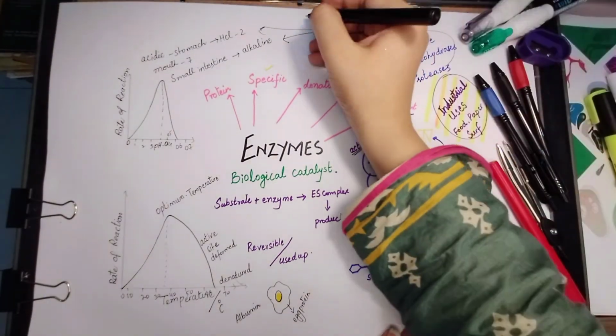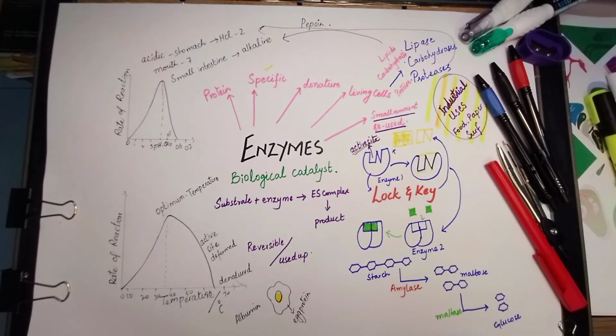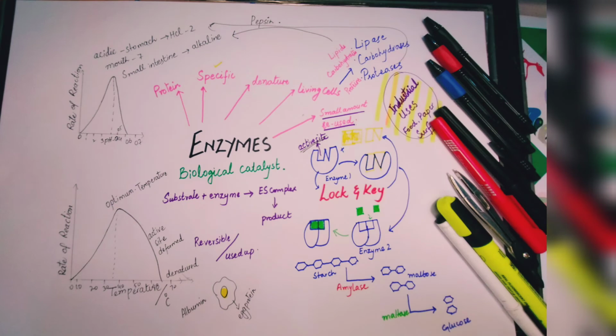So when digestion takes place, the enzymes have to work at different pH at different sites. The stomach is highly acidic, so it means that the stomach enzyme won't work in the small intestine. That's why you can see that for the graph of pH, there is a decline on both sides.